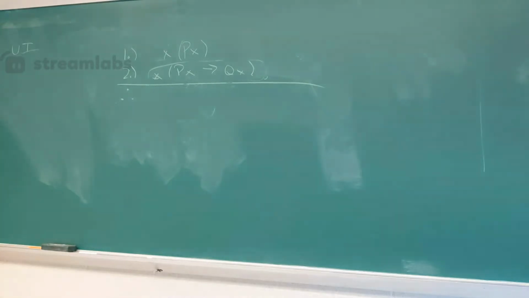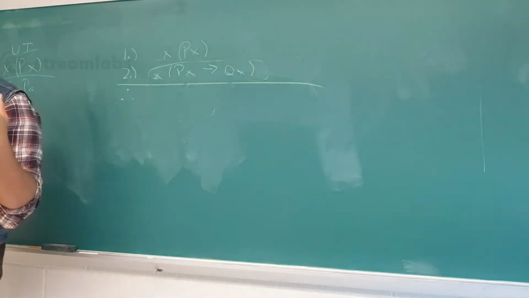You're a particular example. So with universal instantiation, what we do is we say, if I have something like for any x, x is p, I can conclude from that that a is p. Now a is a particular thing, a name. I'm not saying we know exactly what a is, but we do know that objects exist in our universe.